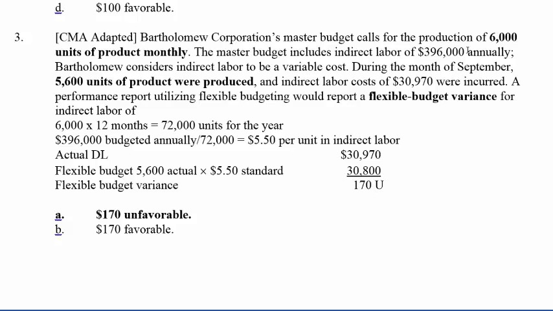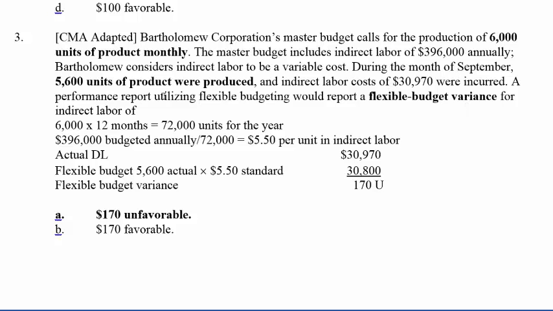So if we take the $396,000 and divide it by 72,000 units, then we would get a standard amount allowed for indirect labor of $5.50 per unit. Now, what they want us to do is look at the month of September.